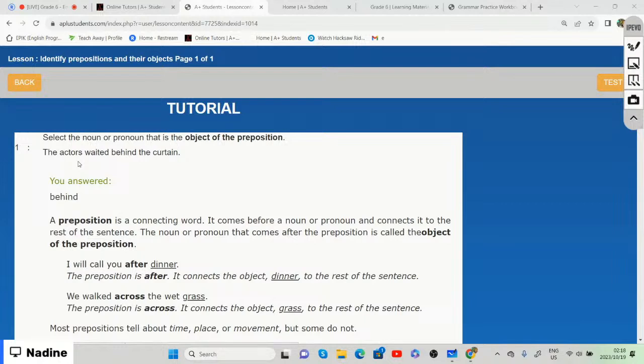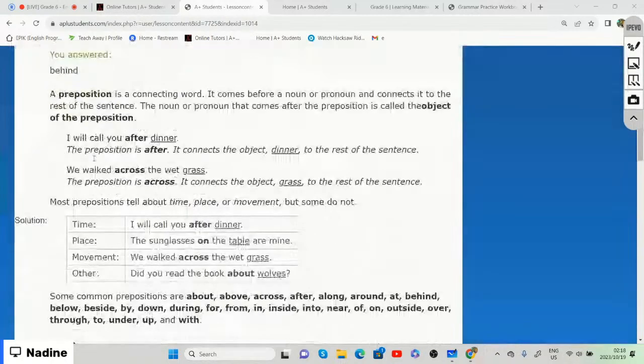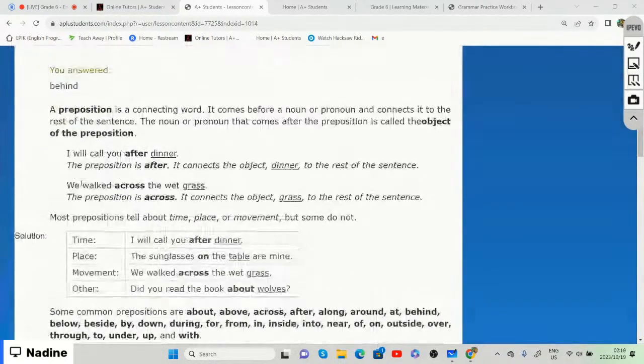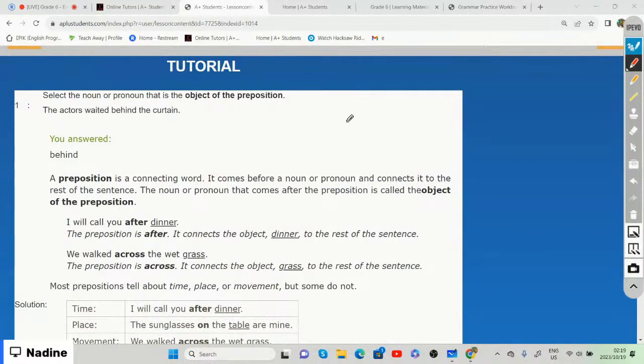So if we first select the preposition within that sentence, before we identify the object of preposition, then we can say behind is our preposition.